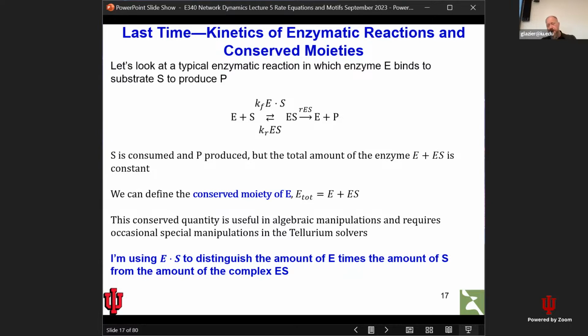And it winds up that mathematically, the fact that there's some conserved quantity means that if we're going to solve the things analytically or numerically, we have to be a little bit more careful. And you'll see in some of the older code, there'll be this conserved moiety equals true in Antimony in Tellurium. These days, that's turned on by default, so you shouldn't have to do it.